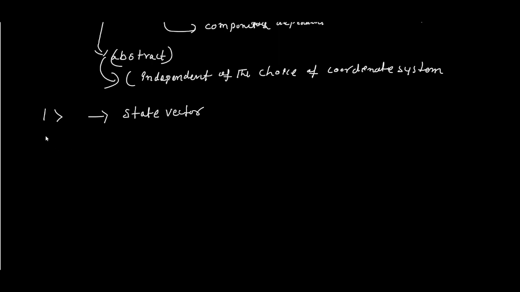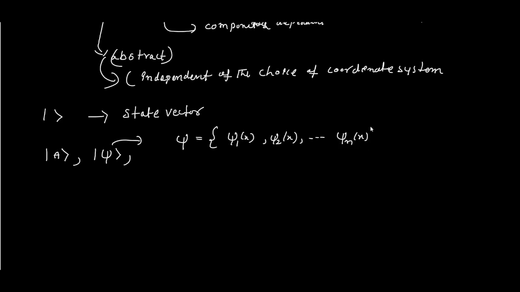So it will take different forms. For example, here I am taking A like this, and this is also one more form. For example, this is a set of vectors, for example wave functions psi1 of x, psi2 of x, and so on, psi n of x.